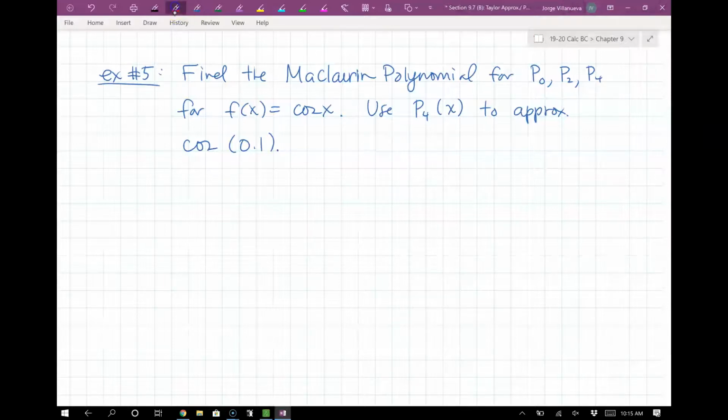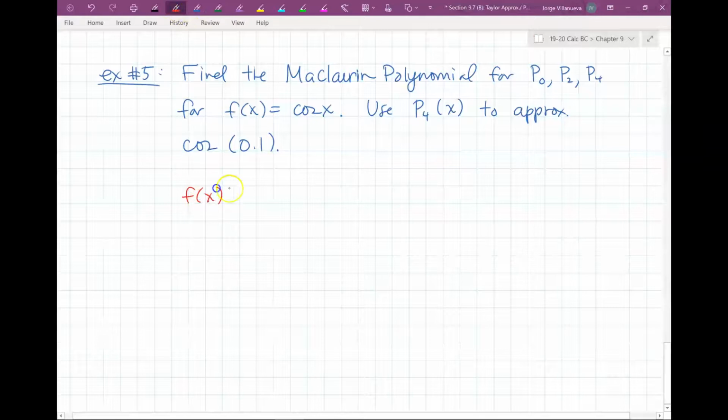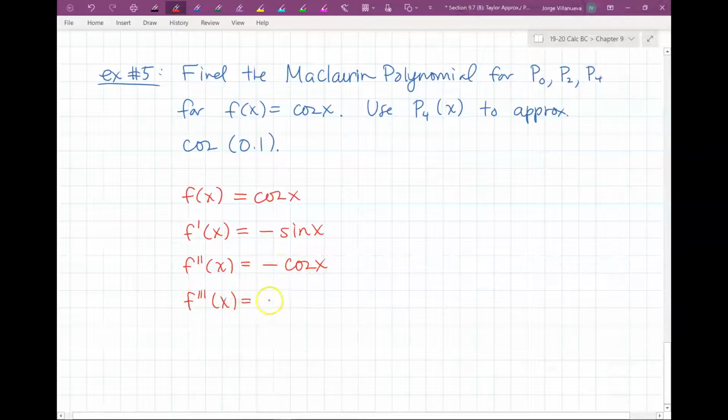So in order to do that, I got to get my function, which is cosine of x. And I'm going to take 4 derivatives. So negative sine of x. Second derivative, negative cosine of x. Third derivative, sine of x. And fourth derivative, cosine of x. Now, they did say Maclaurin, right?